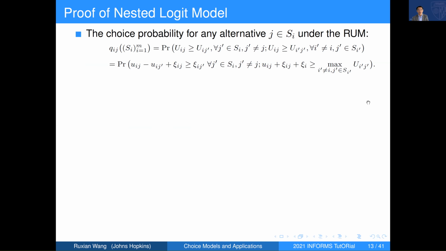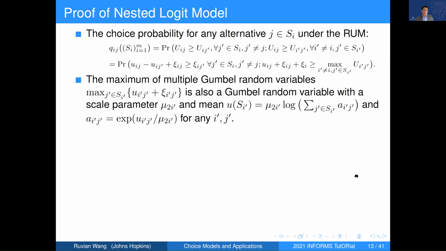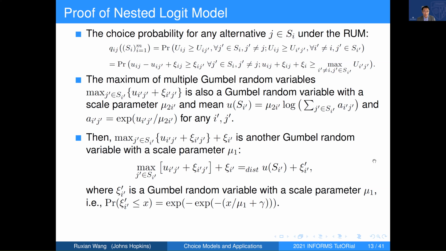Now, here we have a proof for the nested logit model. The framework is still the random utility maximization framework, or the RUM. The Gumbel random variable has very good properties. For example, the maximum of multiple Gumbel random variables is still a Gumbel random variable with the same scale parameter at a different mean.